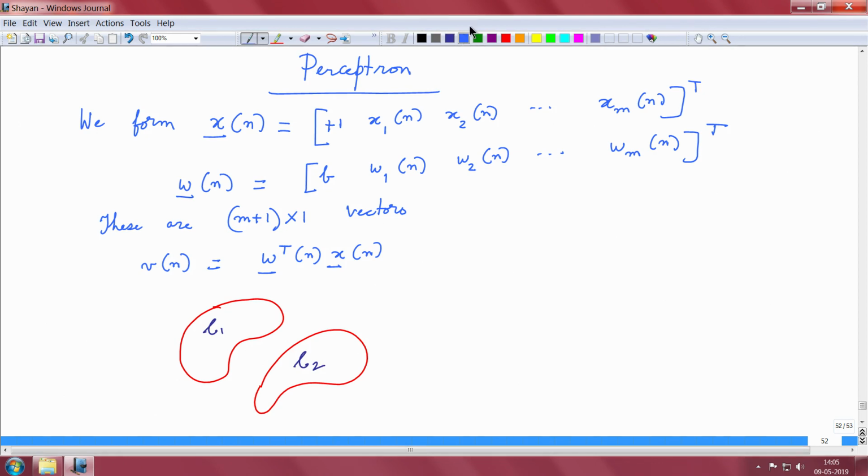So, if I can get a hyperplane that can separate these two classes, then the classes C1 and C2 are linearly separable. So, we can say that these classes are linearly separable if we can have a hyperplane that can cut through the region separating the classes.